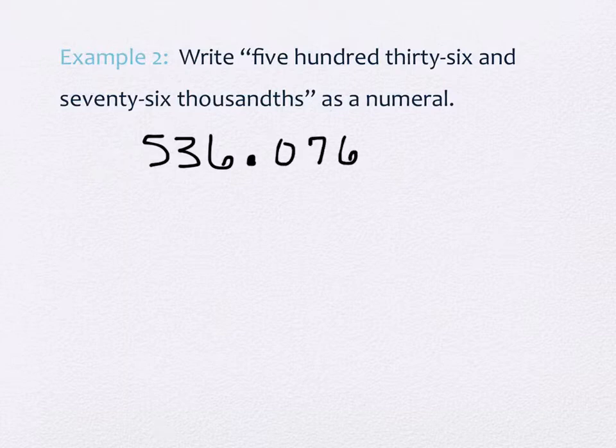Now, where did that 0 come from? It was not written in there. I have to make sure that I end in the thousandths place, which is the third decimal over. So 76 needs to occur in the last 2 locations for it to be in the right place. Okay, everybody good with that?